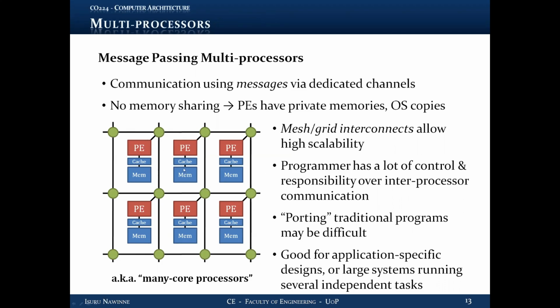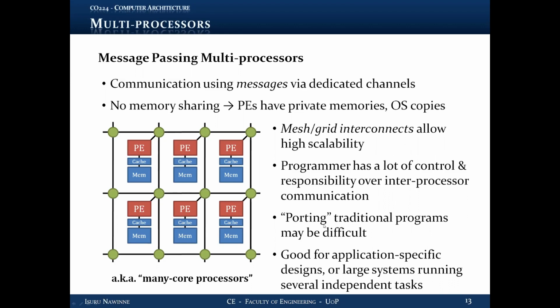But in systems like this, message passing multiprocessors or networks on chip, one of the more up-to-date terms to use for this, the programmer has to know a lot about the architecture, and they have to control where the threads are run, how the communication is handled for the most part. So less help from the operating system.